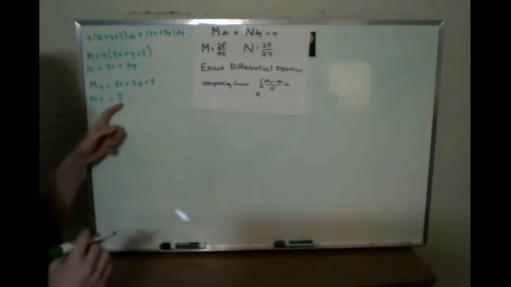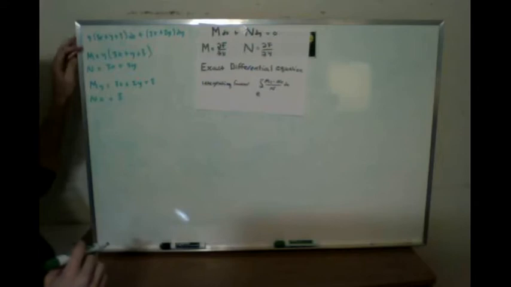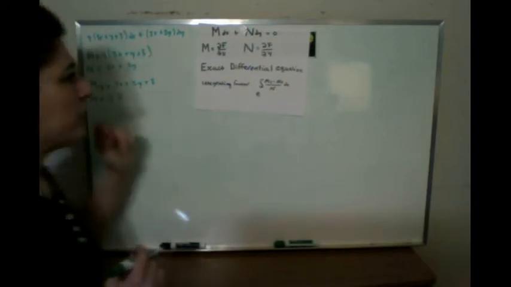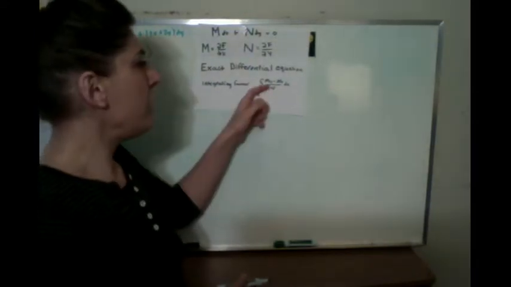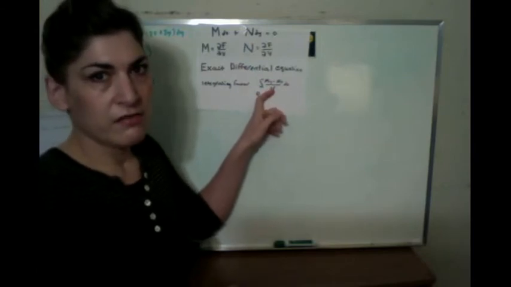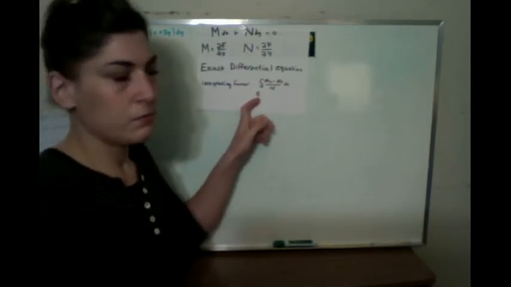These are not equal, so we know that this differential equation is not in exact form. It can be put into exact form if there's a function (My minus Nx) over N that is a function of a single variable, and then it can be put into this integrating factor.